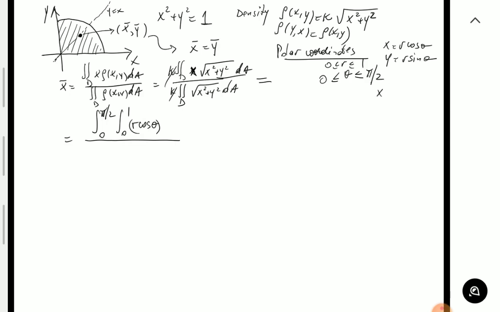And remember, x squared plus y squared is r squared. The square root of that is just another r. dA becomes again r dr d theta. And on the bottom, we just have r from the radical, and then r dr d theta from dA.